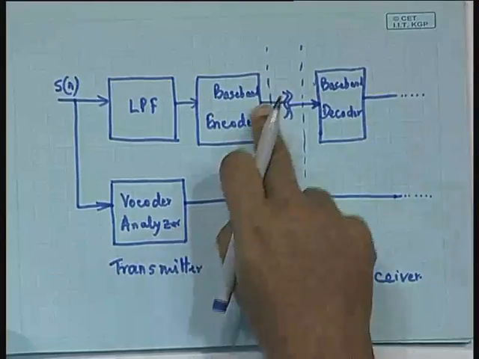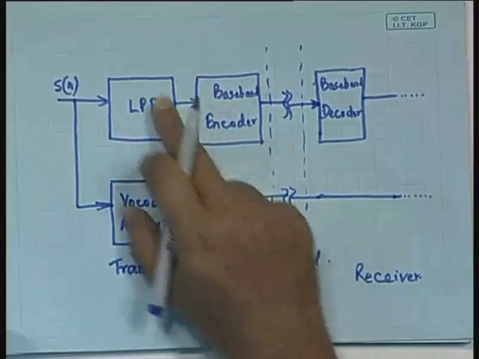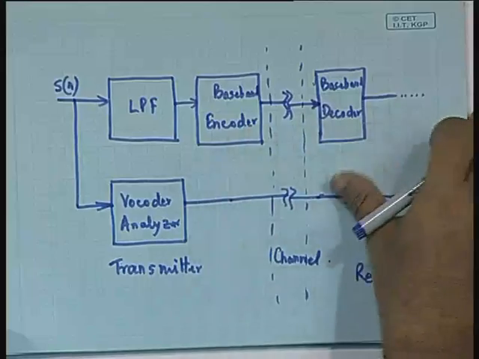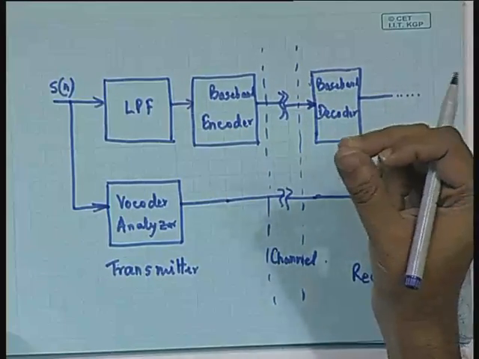but we are also paying the price somewhere, because here the low pass filtered version of the signal is completely encoded through the baseband. So we require a speech encoder, a kind of waveform encoder over here. So you see that it is a combination of waveform encoder plus the vocoder. Now the vocoder will require certain bit rates.